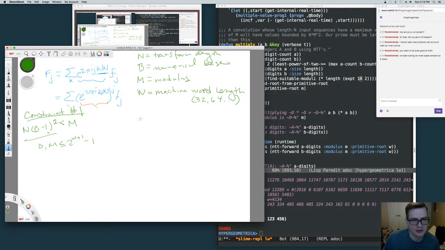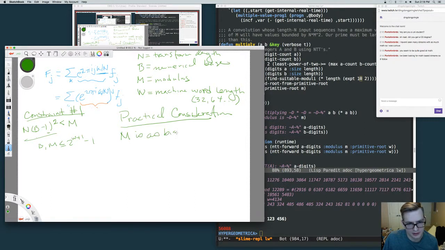Our modulus can just be as big as we want. So the practical considerations: there's no reason why our modulus can't be as large as possible. So M is as big as possible that we can represent. So again, the thing that constrains this practical consideration is this inequality right here.